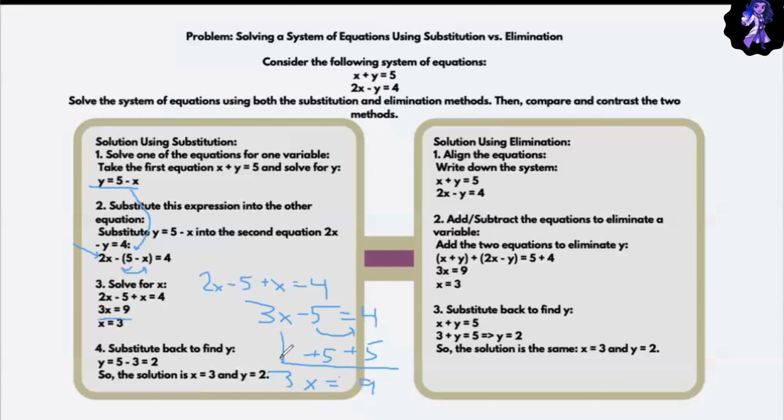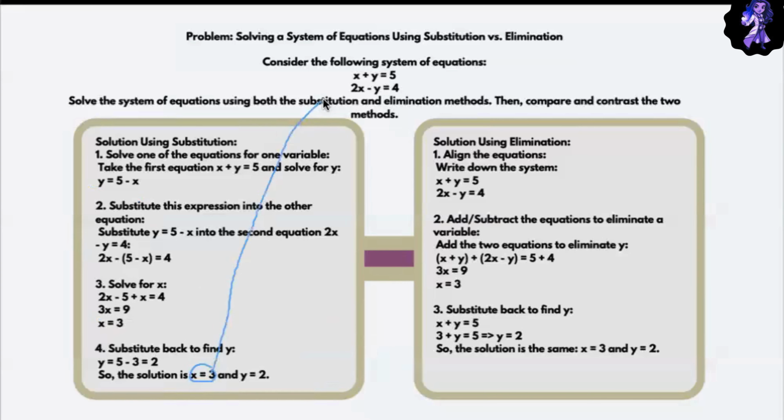And then we divide both sides by 3. Therefore, x equals 3. So the thing is, when you're solving a problem using substitution, you now have 3, and you can plug it into one of the two original equations.